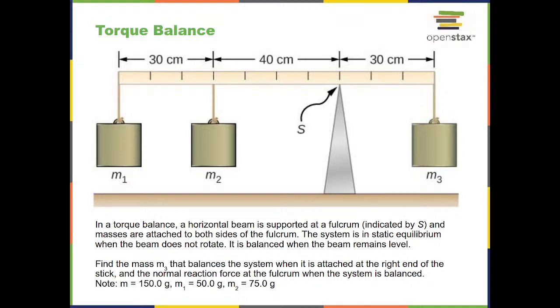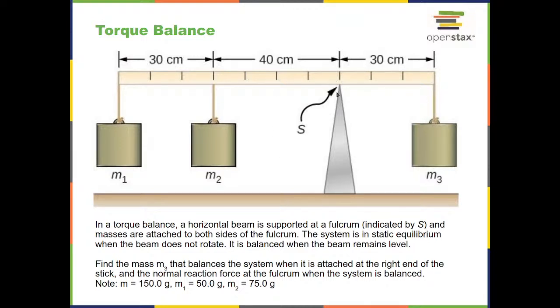So how would we go about solving this problem? Well, we're just going to write down those two equations. In this case, for the force equation, the only relevant forces are going to be vertical forces. There's a vertical force from the weight of mass 1, a vertical force due to the weight of mass 2, and a vertical force due to the weight of the meter stick itself.